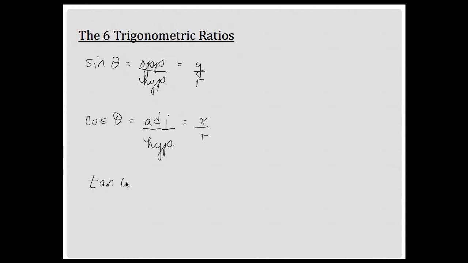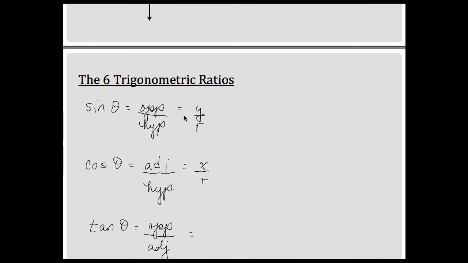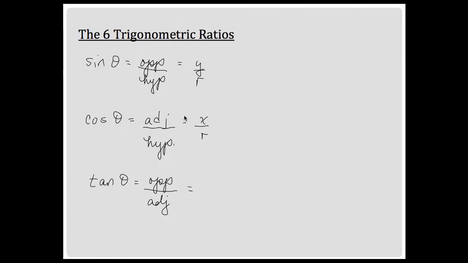Tangent then is opposite over adjacent. So going back once again to our triangle, opposite side would be y, adjacent side would be x. So there are our 3 main trig ratios.